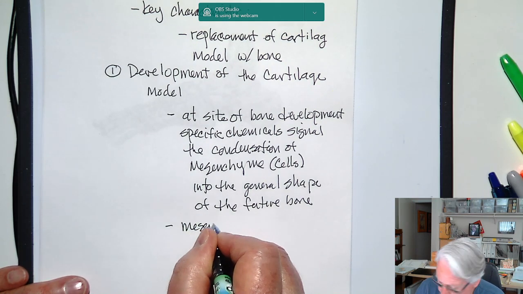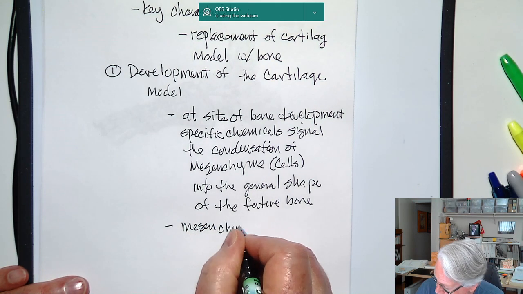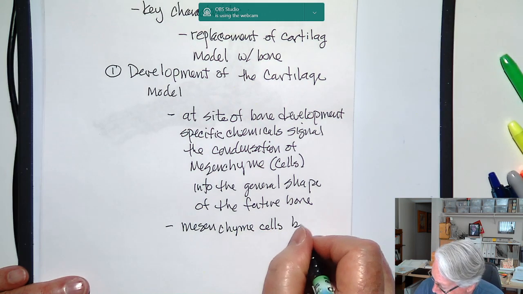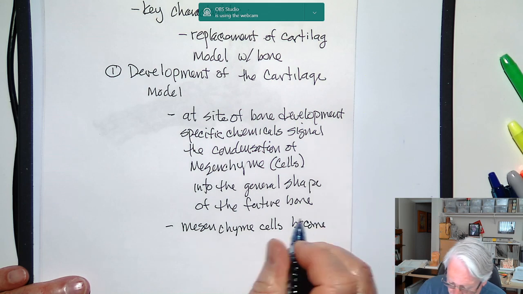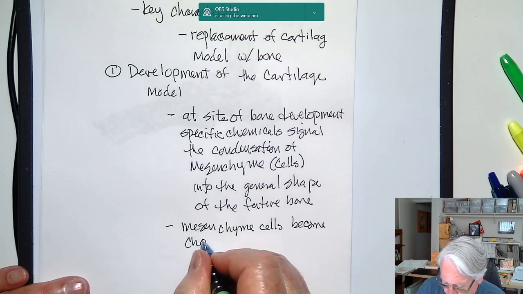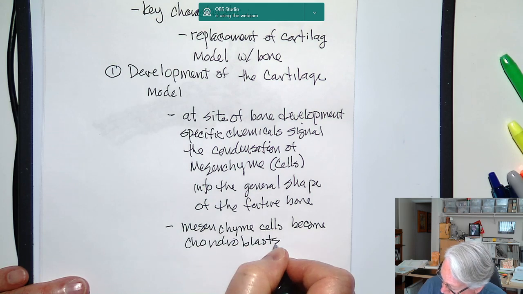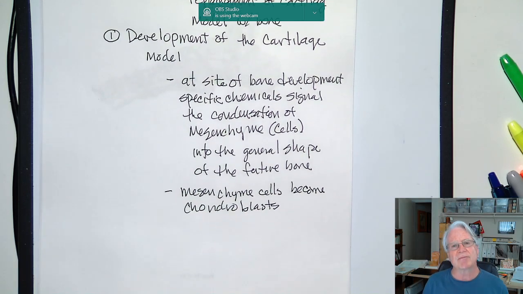The mesenchyme cells become chondroblasts. Once again, this is all being orchestrated by a chemical mixture released by cells, and it's a complicated dance.